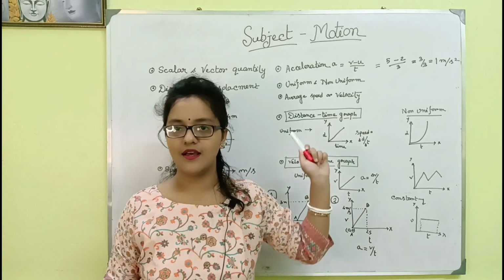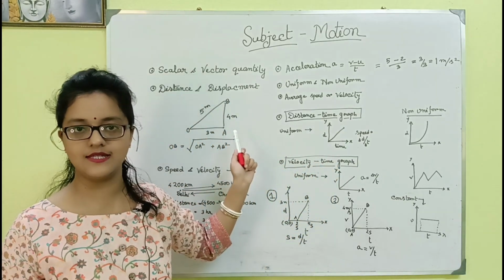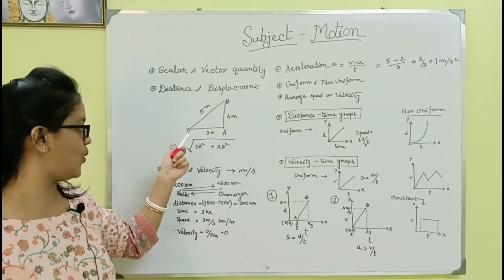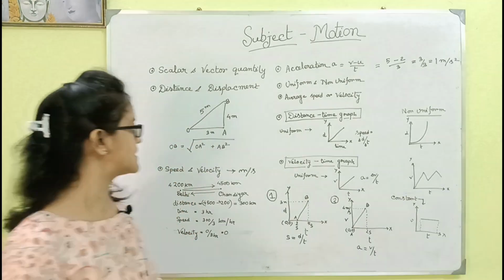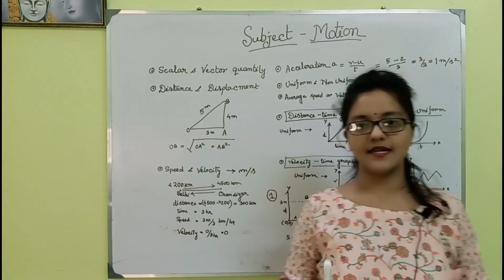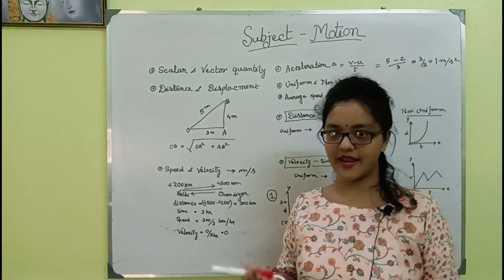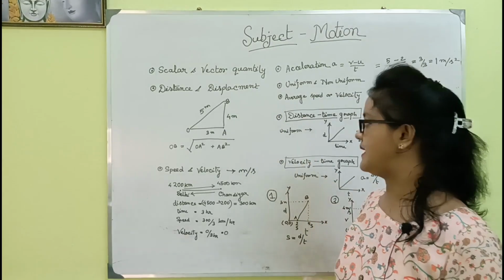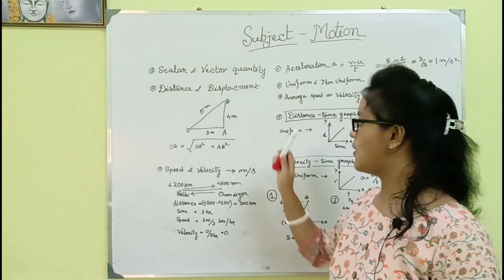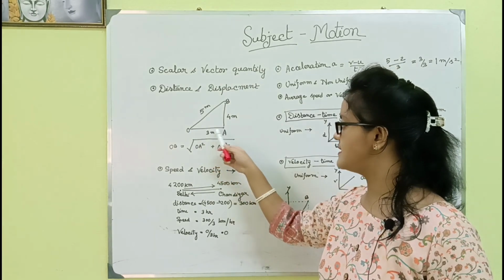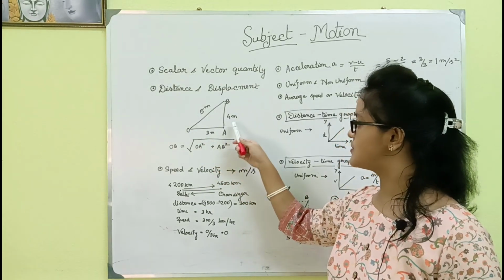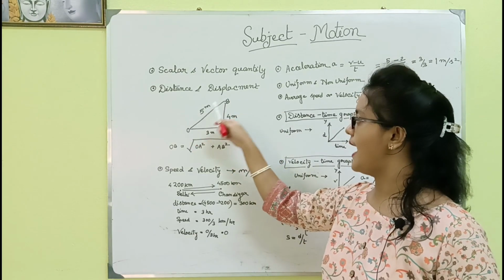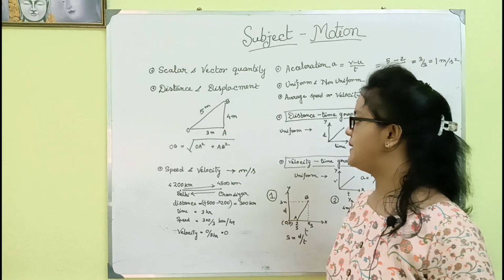In this diagram, we can see that the initial position is O and the final position is A. Later, it changes its direction and from A it goes to position B. Firstly, this object travels 3 meter and then it travels 4 meter. Ultimately, the initial position is O and the final position is B.